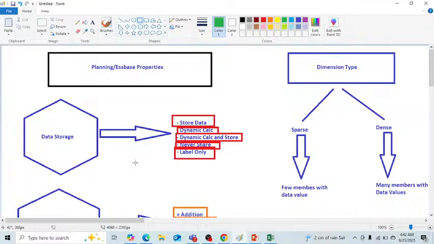It is used for members that should not be included in a total, such as comments or text. Using our expenses example, electricity, water and internet would all be store members. The parent utilities would be a dynamic calc member summing up the children to give you a real time total.